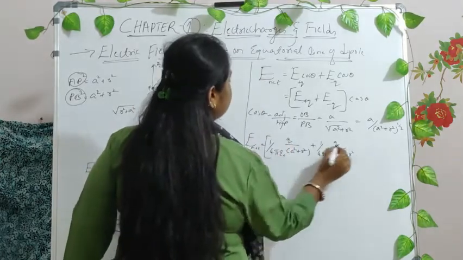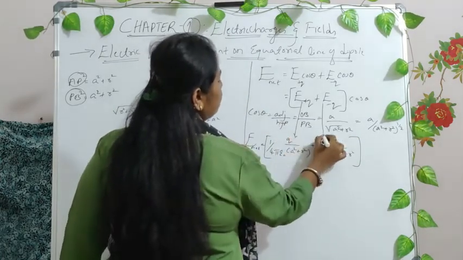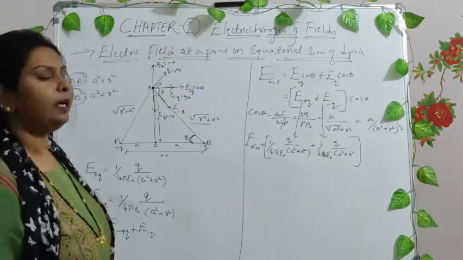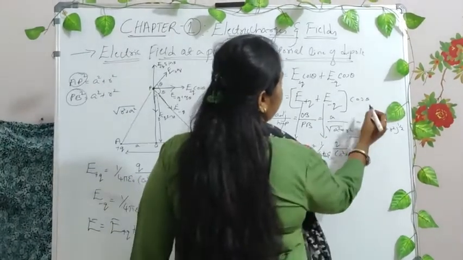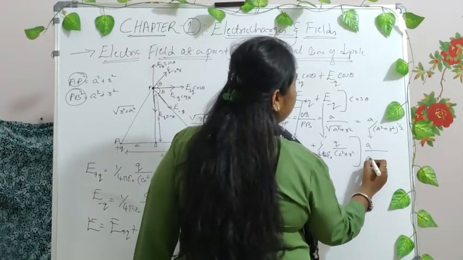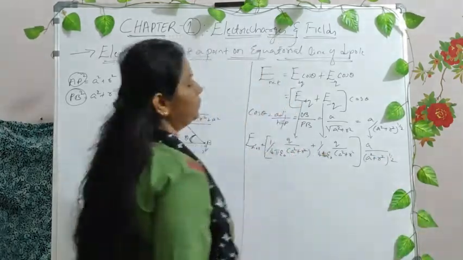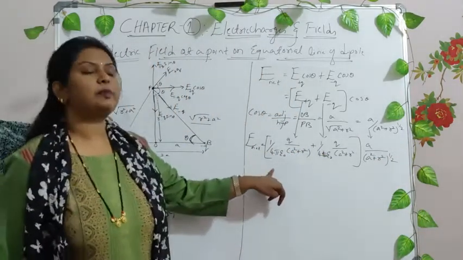This was E because of negative Q. Then what we are left with is cos theta. Cos theta is this one, that is A divided by (A square plus R square) raised to 1 by 2. Did you follow up to this particular point?